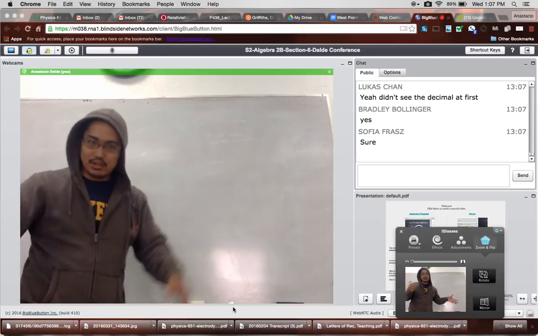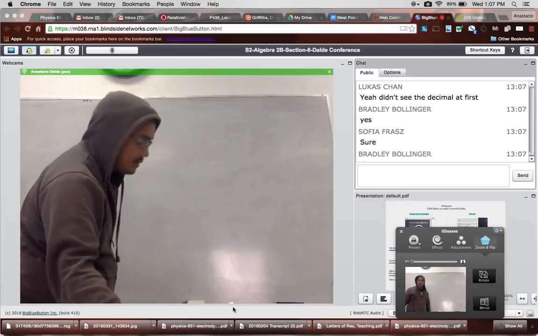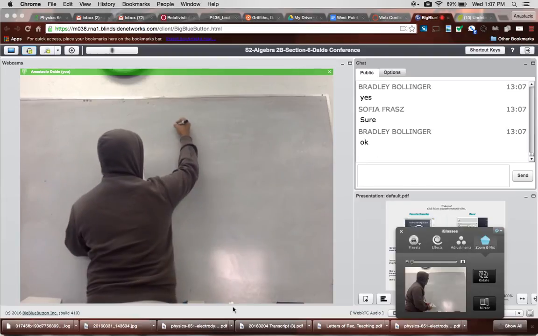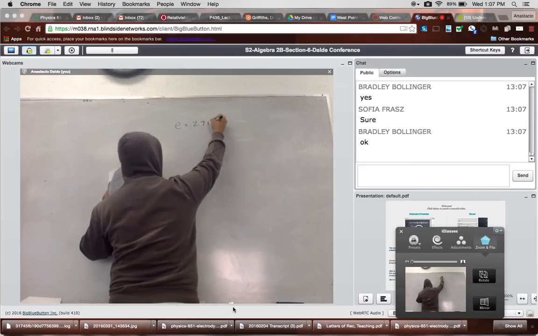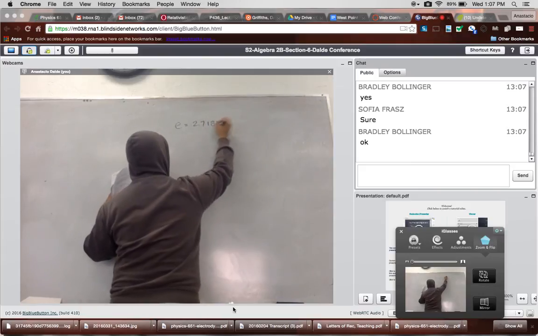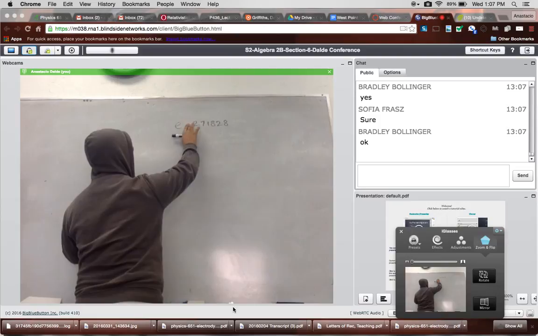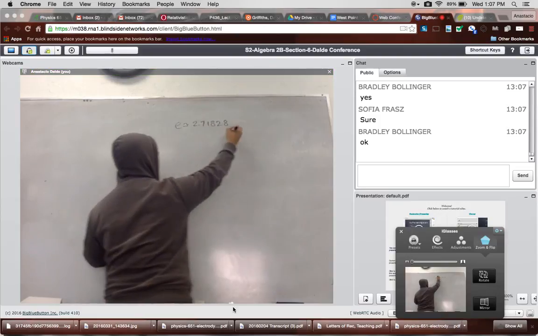I'm going to try Sophia's technique out. So write this down. I'm going to put a squiggly line here.